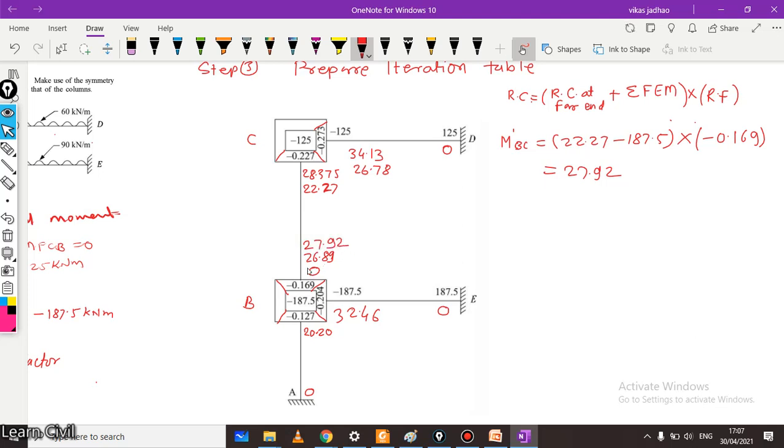Okay, next step will be to find out the rotation contribution for member BE.